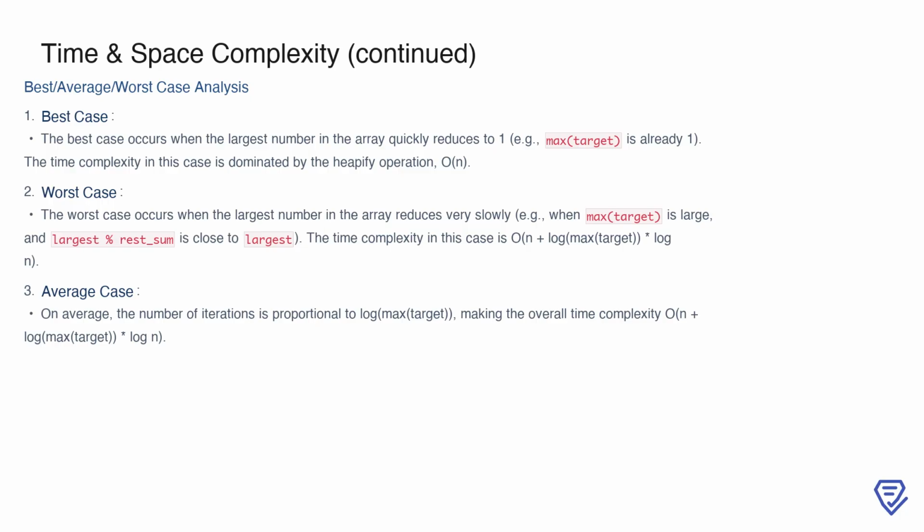This leads to the full complexity of O(n + log(max_target) * log n). On average, the number of iterations is proportional to log(max_target), so the overall time complexity remains O(n + log(max_target) * log n). In all cases, the solution remains efficient compared to brute force methods.